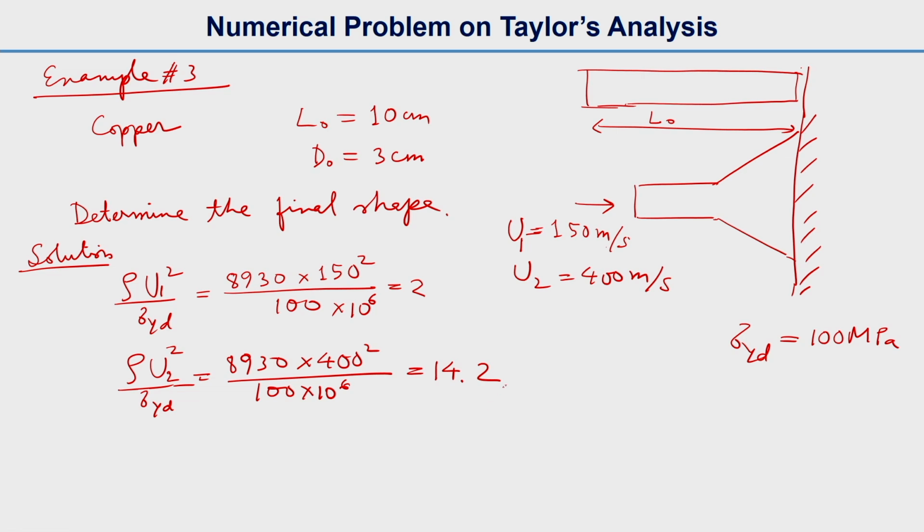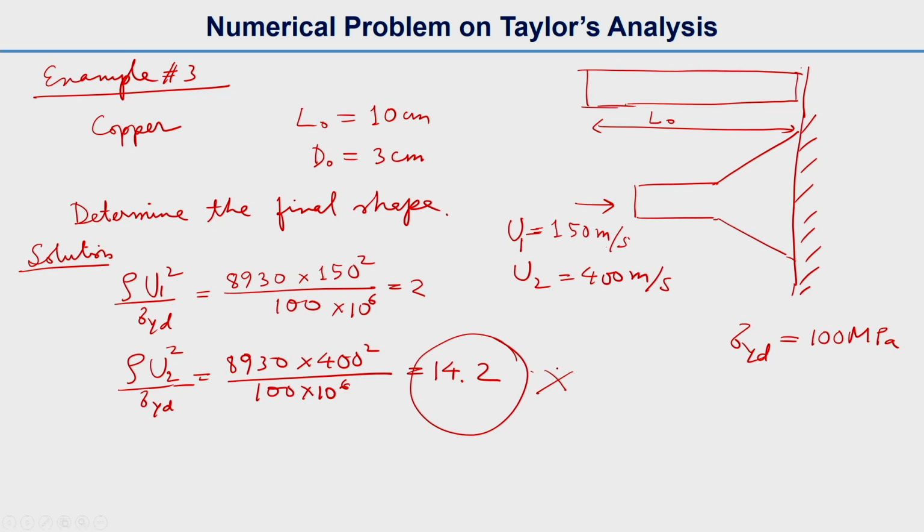So now we know this 14.2 is a very high value, and if you remember the earlier discussion in earlier classes, we cannot go with this because Taylor's analysis will not be valid for this, and we cannot predict the shape from Taylor's analysis.